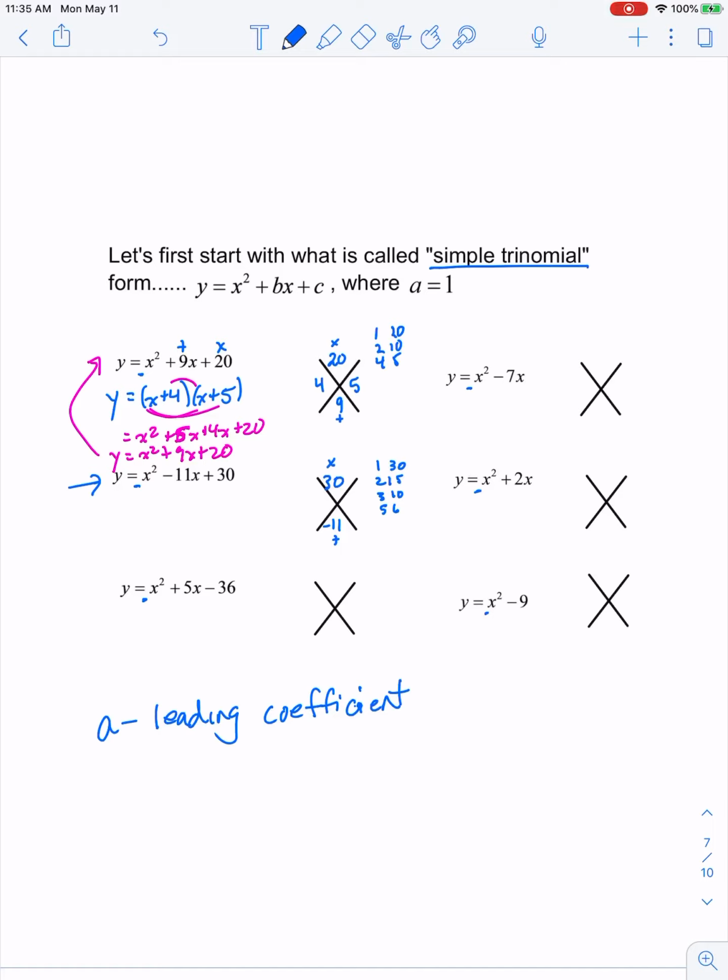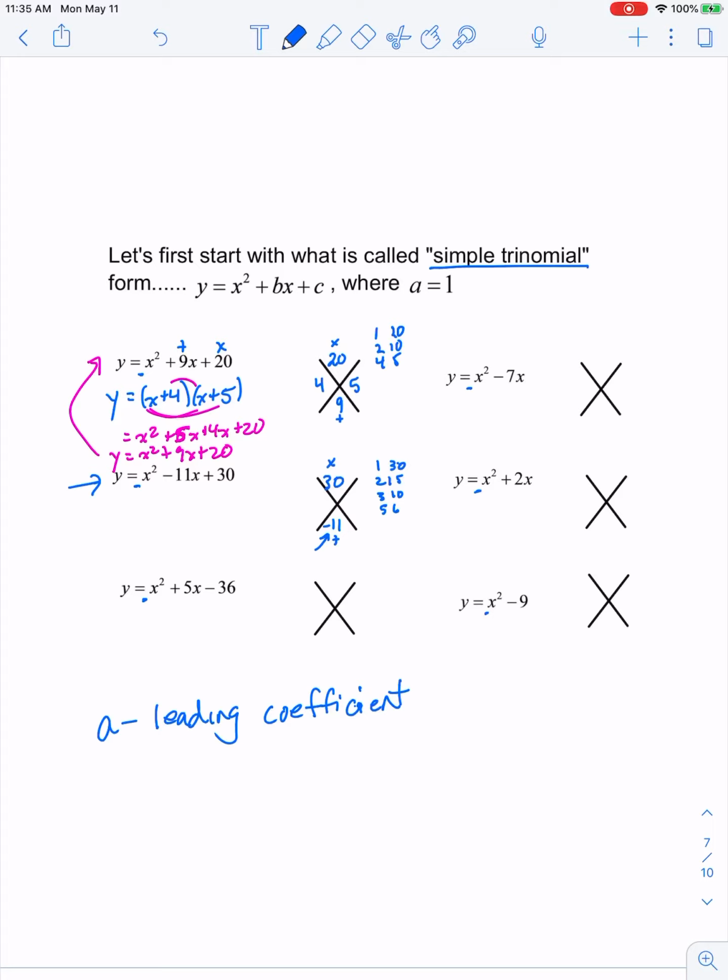To multiply to give you a positive value, you need both your numbers to be positive or both to be negative. But we want them to add together to give us negative 11, which means both numbers are going to have to be negative.